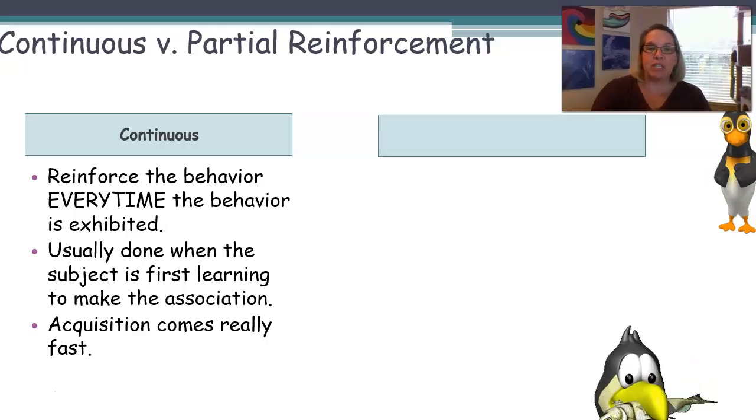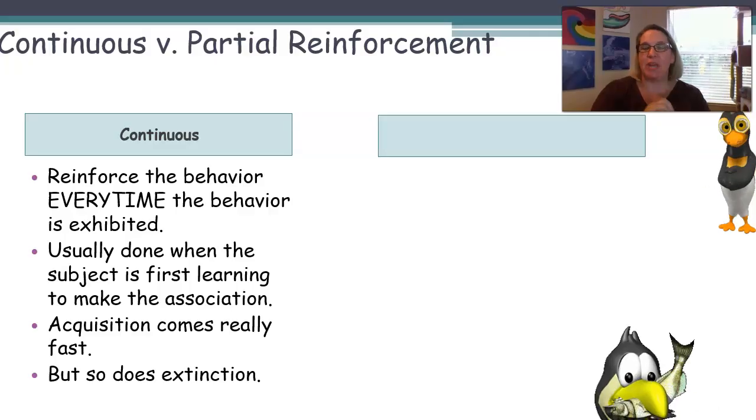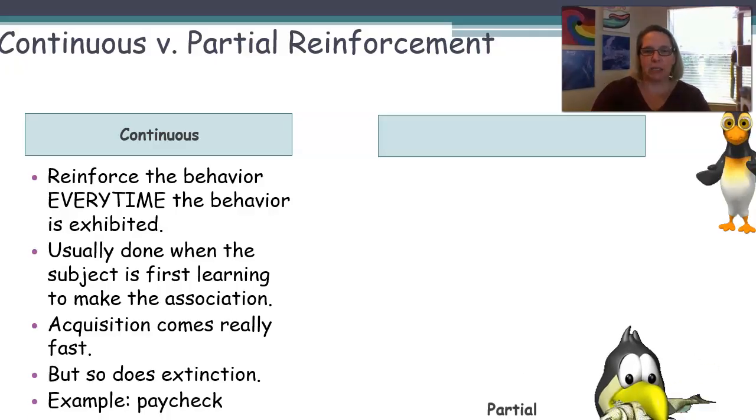So acquisition comes really, really fast. But so does extinction. Remember, extinction is when we lose the behavior. We lose the learning. So if you are continuously reinforcing your acquisition of giving the reinforcement, extinction can happen just as fast.